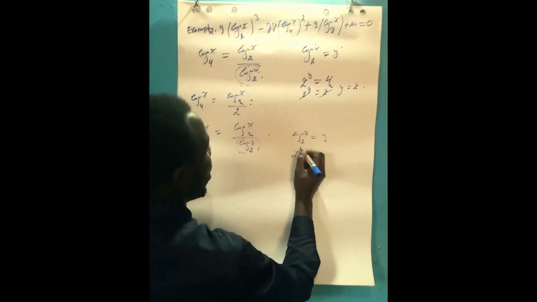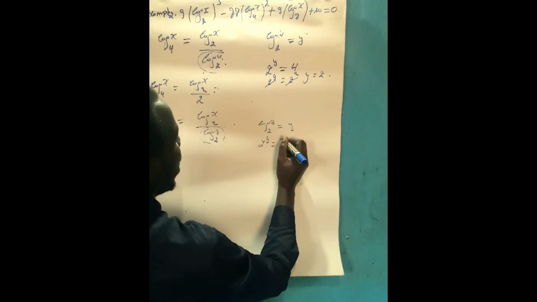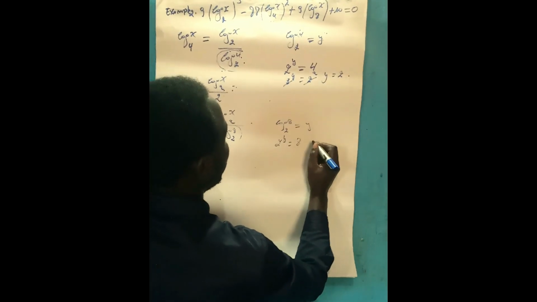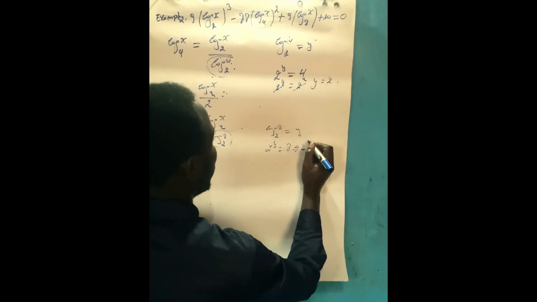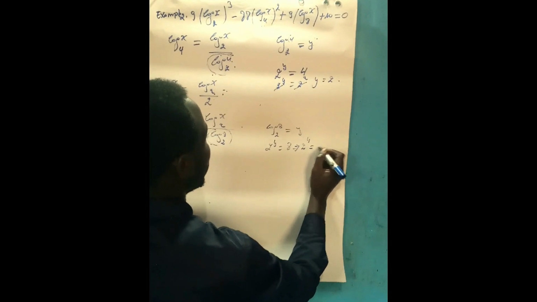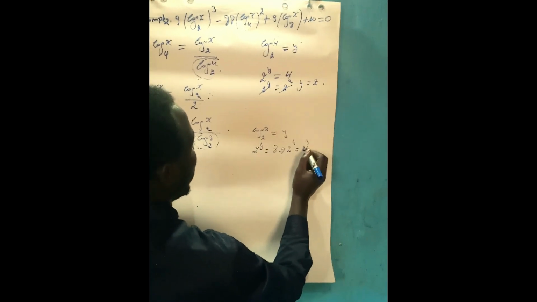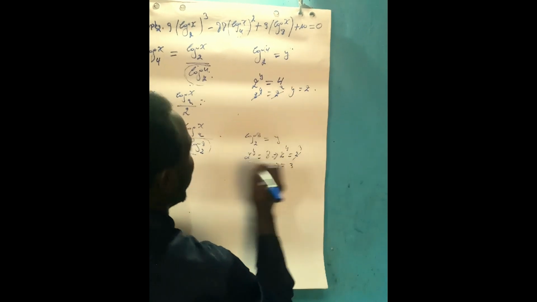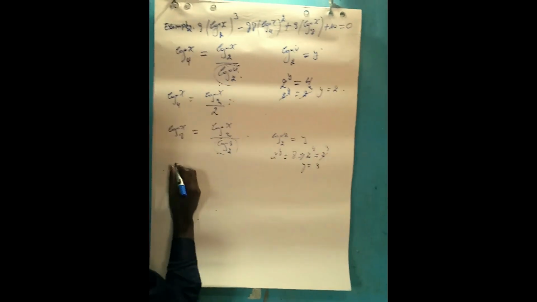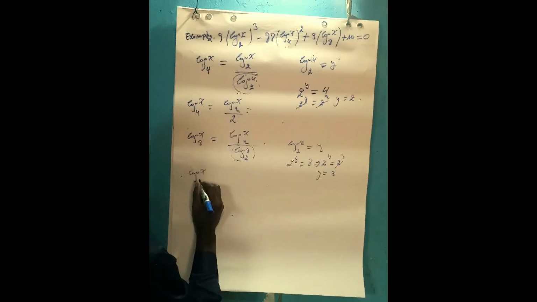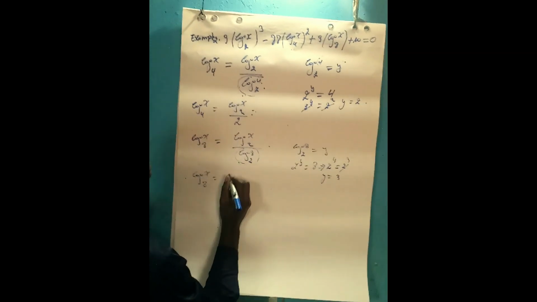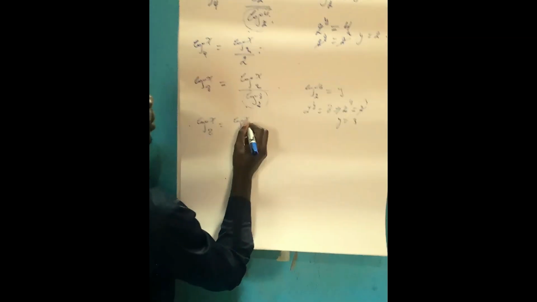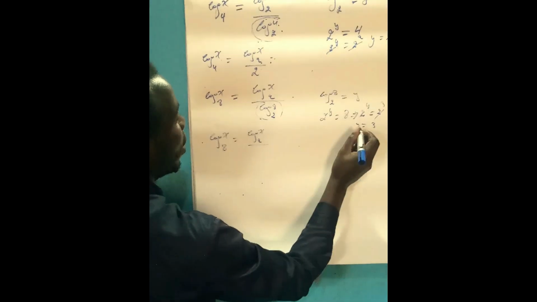Then 2 power y is equal to 8, which is 2 power 3. Then cancel this base, y is equal to 3. Means logarithm of x base 8 is equal to logarithm of x base 2 over 3.